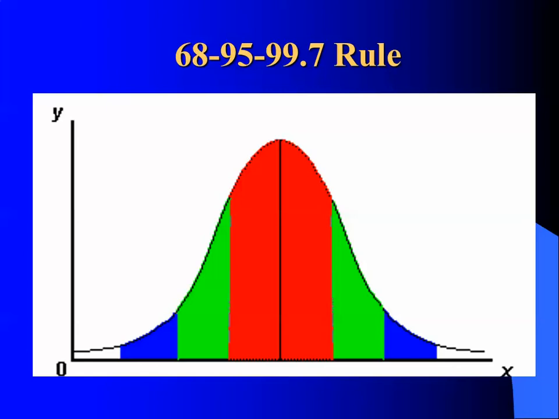And here is the so-called 3 sigma rule, or 68, 95, 99.7 rule. So 68% of our observations must fall into the 1 sigma interval, plus or minus 1 standard deviation from the average. 95% must fall into the double sigma interval, 2 standard deviations left and right from the center of tendency, and almost everything must fall within 3 sigma.